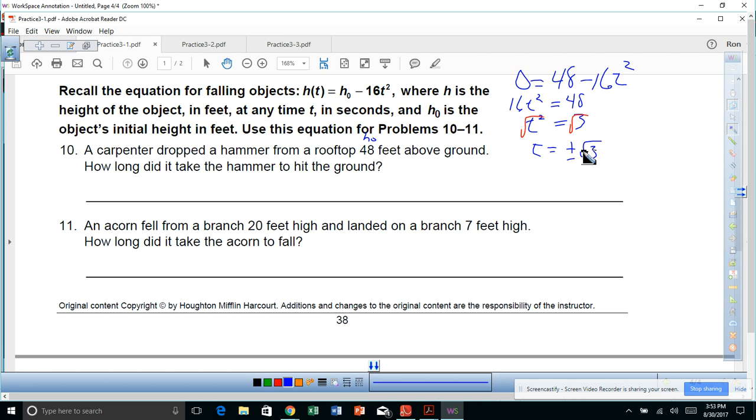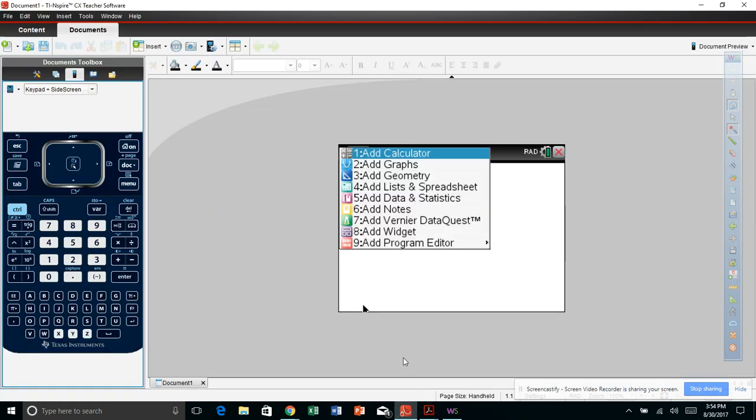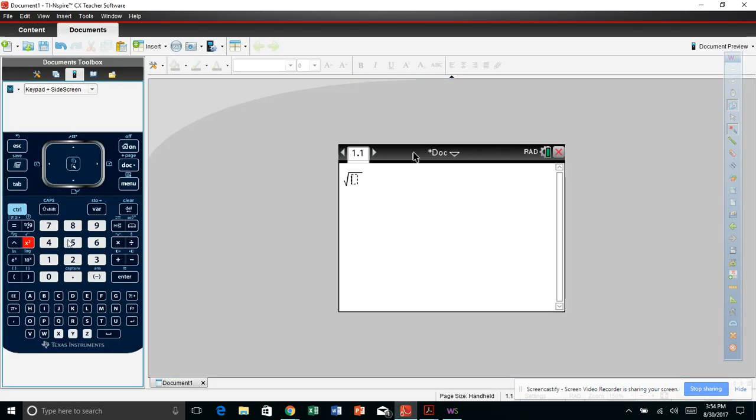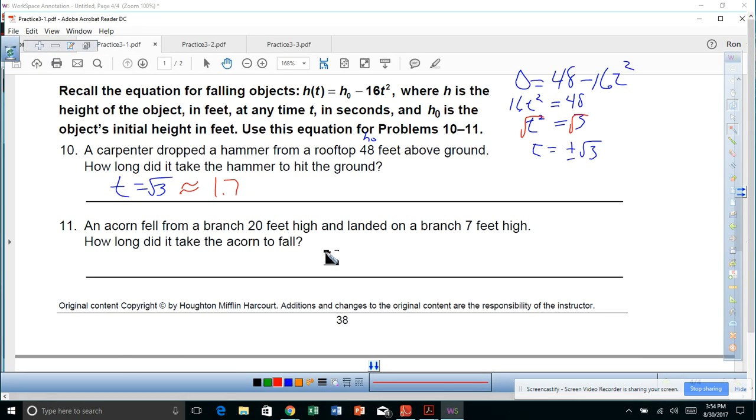The square root of 3 cannot be simplified, and it can't be negative because we're talking about how long it took. So t equals the square root of 3. That's the exact solution, and the approximate would be 1.7. That's the square root of 3: control, square root, and then we put 3 in there, press enter, and we get 1.7. So 1.7.